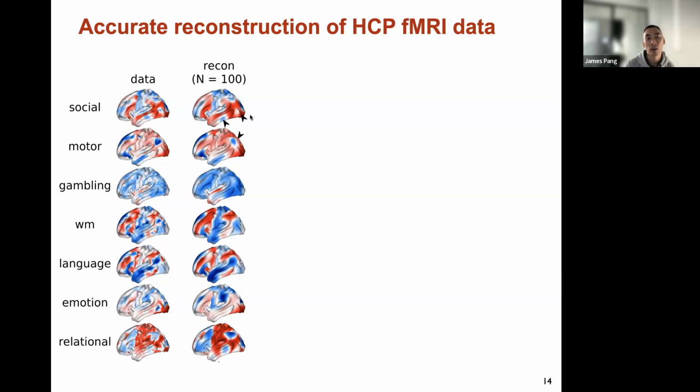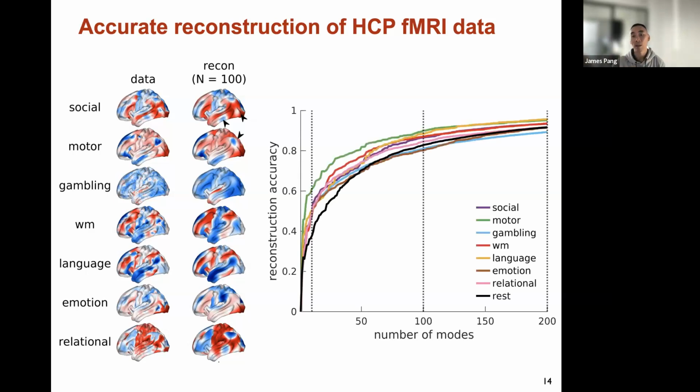And on the right, I'm showing how well we can reconstruct these empirical data using the geometric eigenmodes. You can see that with approximately 100 geometric eigenmodes, we can already reconstruct the data quite accurately. If you span the number of eigenmodes, you can see here that at 100 modes, we're already capturing a reconstruction accuracy of about 0.8.